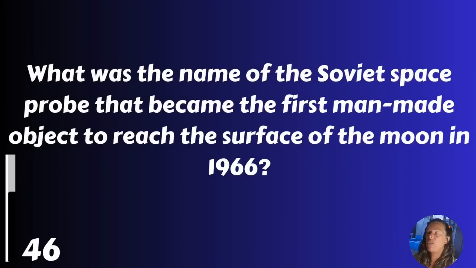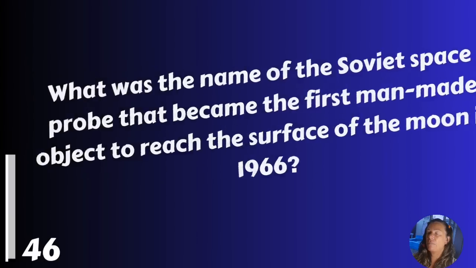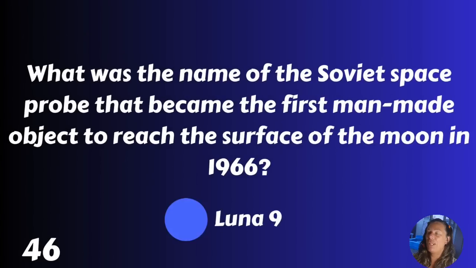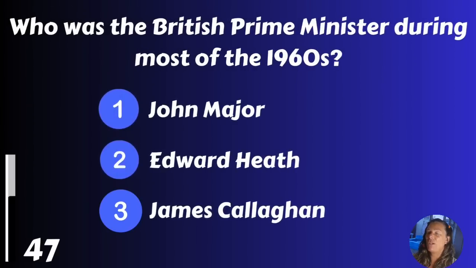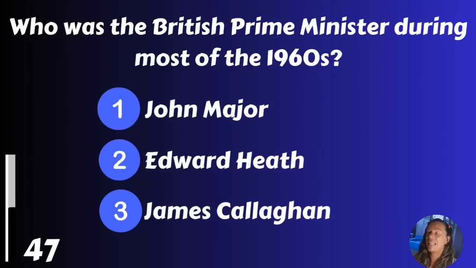What was the name of the Soviet space probe that became the first man-made object to reach the surface of the moon in 1966? Luna 9. Who was the British Prime Minister during most of the 1960s? John Major, Edward Heath, or James Callaghan?